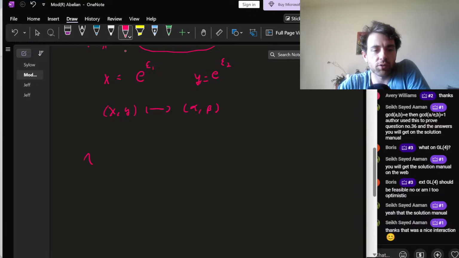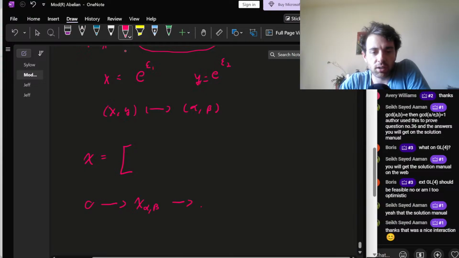Basically, if we think about X as an operator on this extension. So maybe we have two characters, chi determined by alpha beta, and we're trying to compute some extension, and there's chi determined by gamma delta or something.